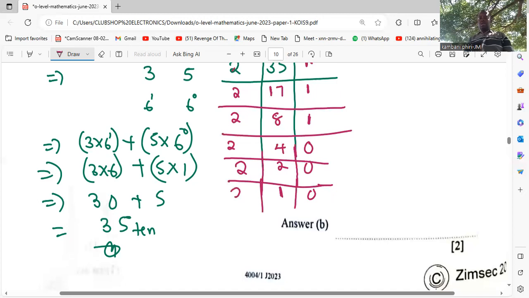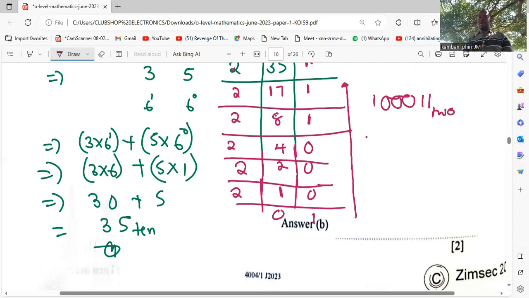And 2 into 1 is 0, remainder 1. So when picking, we pick from down going upwards. We have 1, 0, 0, 0, 1, 1 base 2. This is our answer. Basically, that's how you complete that.